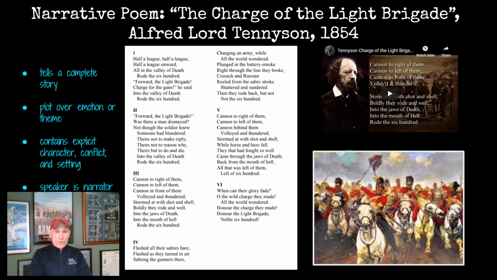It'll have characters, it'll have conflict, it'll have setting. It's very similar to a short story in a way. The speaker themselves is the narrator, not a participant in the drama of the poem. They have rhyme schemes.